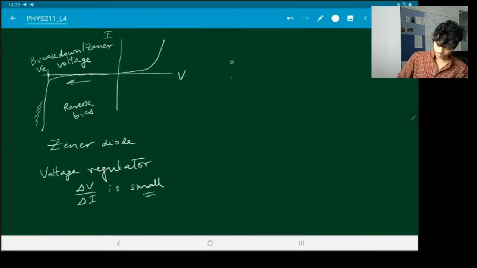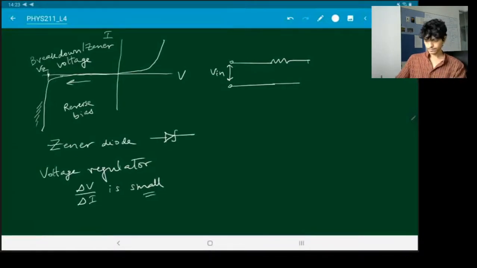So for instance, suppose I'm sending in an input voltage over here, and now I want to put a Zener diode over here. The symbol for a Zener diode is like this. It's similar to that for a diode. That's a Zener, and it is always operated in reverse bias.